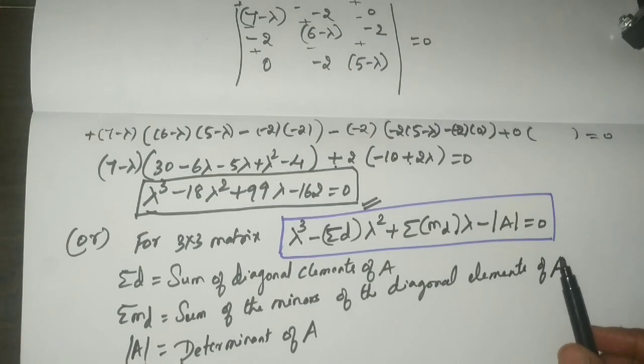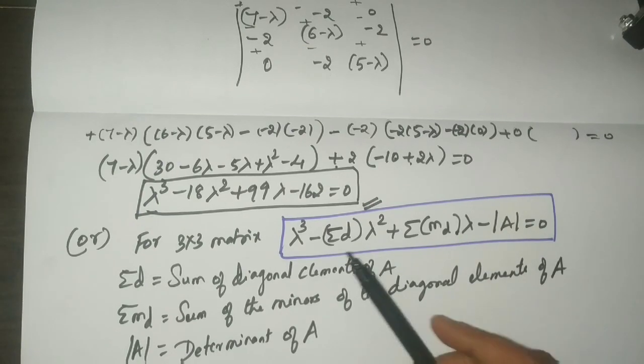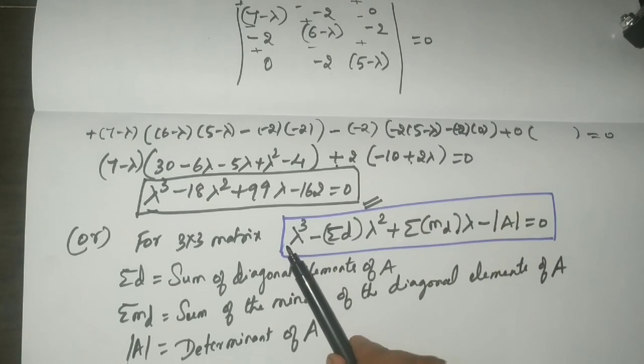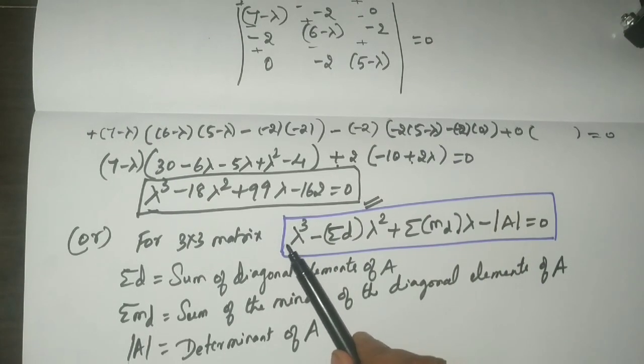So after you know the standard form, you should know what exactly the terms are. Lambda cube will not have any coefficient, it is 1.